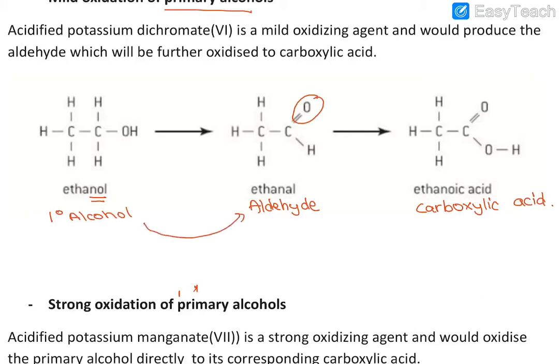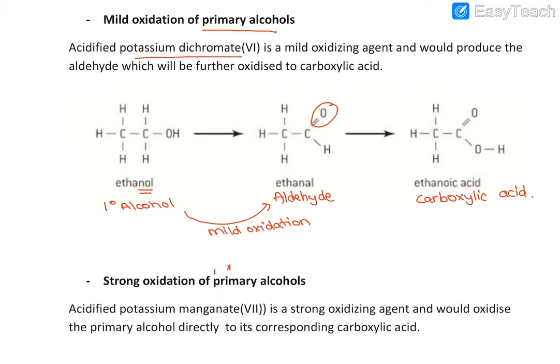So this step is going to be a mild oxidation. If you use a mild oxidizing agent, for example potassium dichromate(VI), you're going to have the oxidation in a stepwise manner. You get the aldehyde, and then if you keep oxidizing, you get the carboxylic acid.